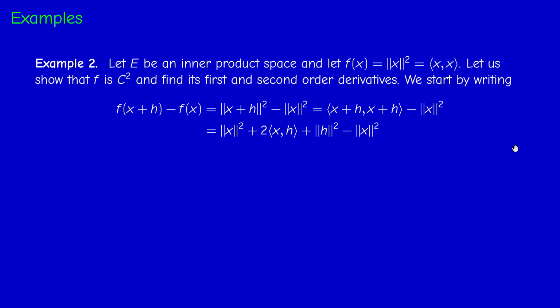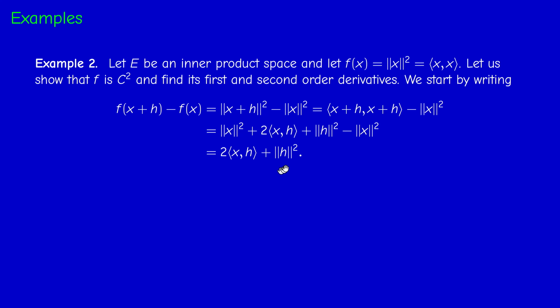By the rules of the inner product, we get the norm squared of x plus twice the inner product of x and h plus the square of the norm of h, minus the norm squared of x. So we simplify, and we get this very simple quantity: twice the inner product between x and h, plus this term.